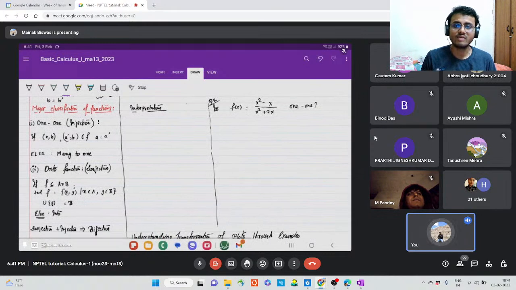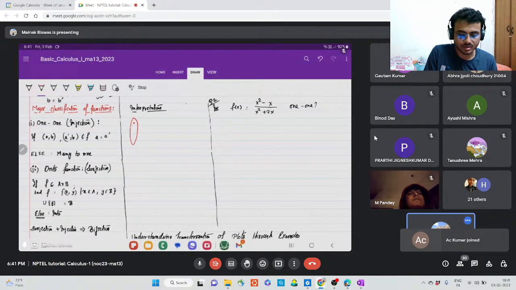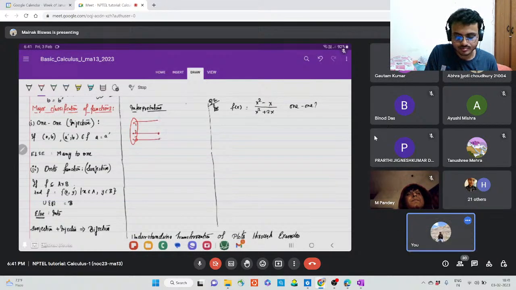Till now we have understood the mapping from set to set. Let's see what a 1-1 function is. 1-1 and many-to-one we have already spoken about, right? So let's give an example. This is a 1-1 function, right?